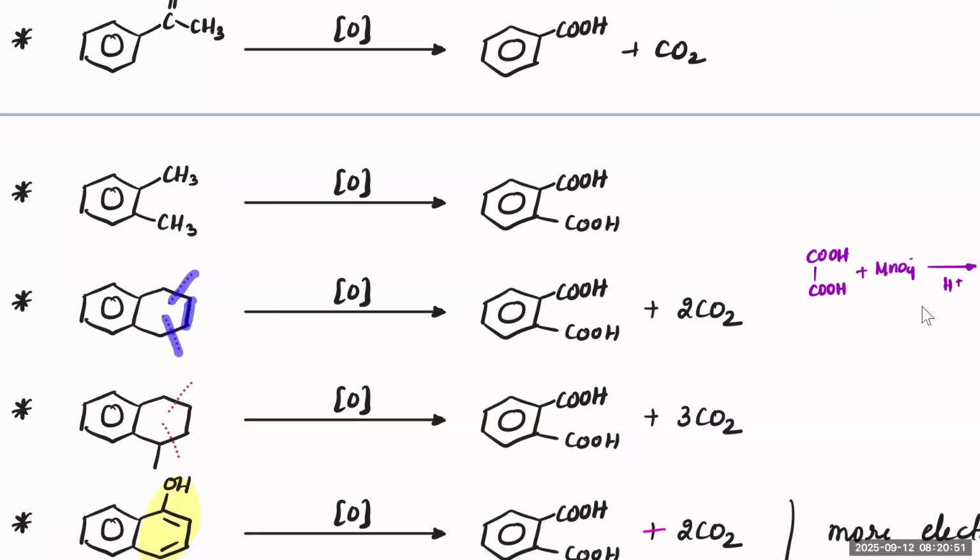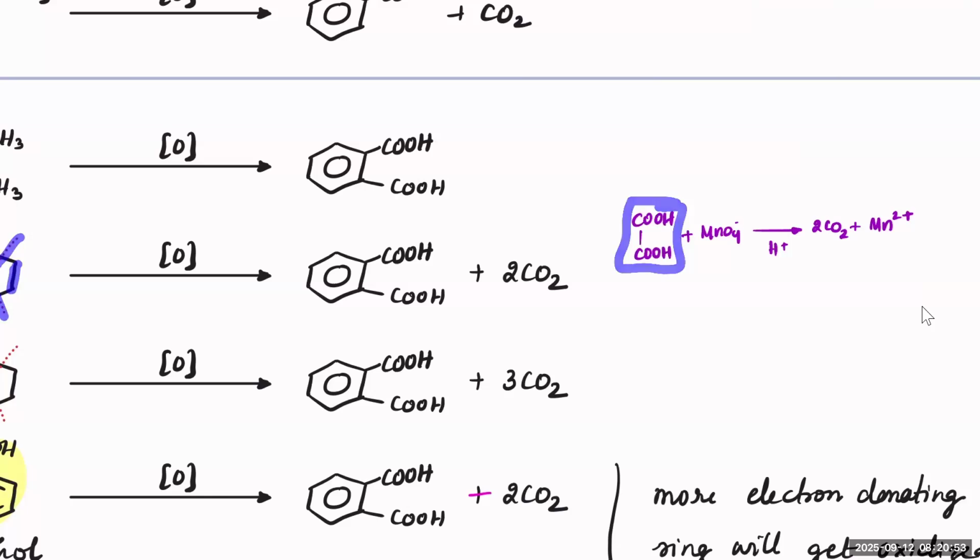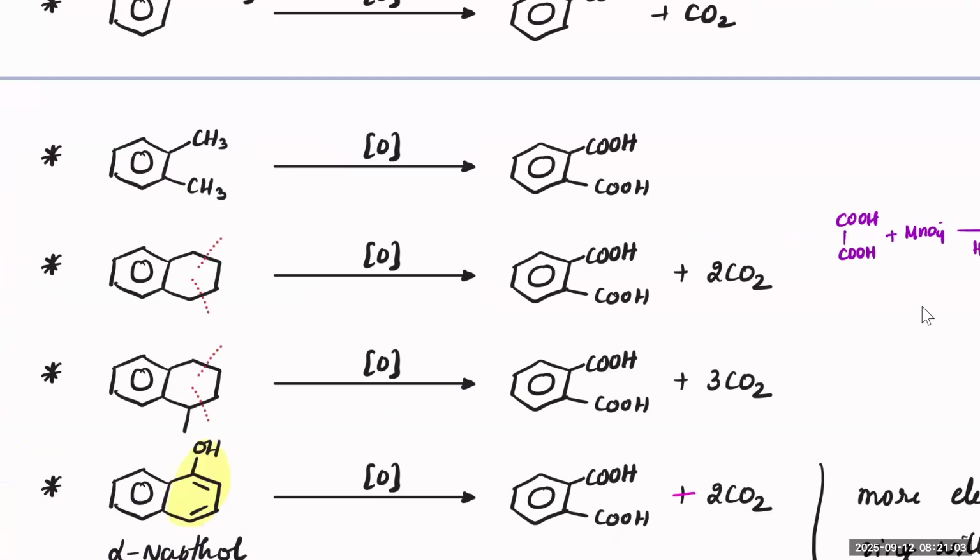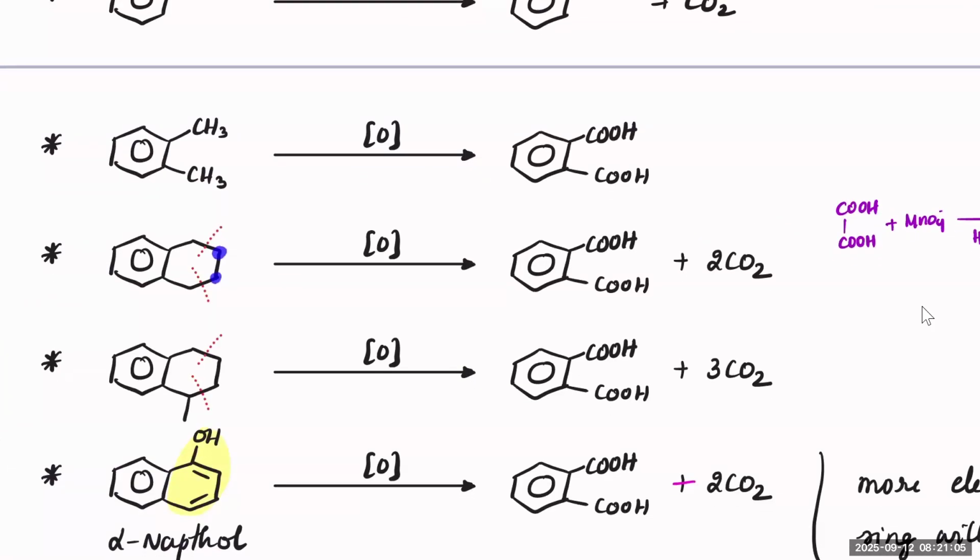First you will get oxalic acid along with phthalic acid. But oxalic acid with MnO4 minus in acidic medium will get further oxidized. So in short, these two carbons will also eventually convert into carbon dioxide. Here you can see again, as you break, this will be oxalic acid, this is carbon dioxide, and these two carbons will be phthalic acid.